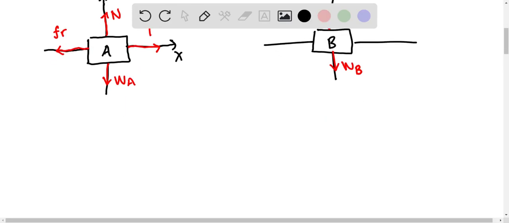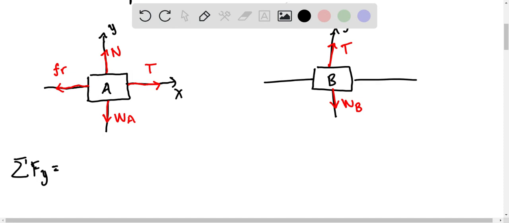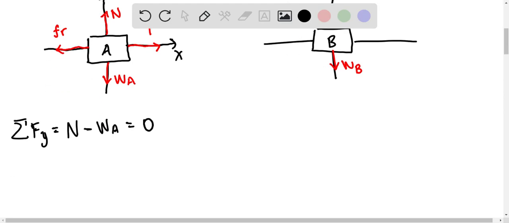Now applying Newton's second law, for the first one we obtain that the forces in the y component are the normal force minus the weight, and this is equal to 0 because the block is not moving in the y component.